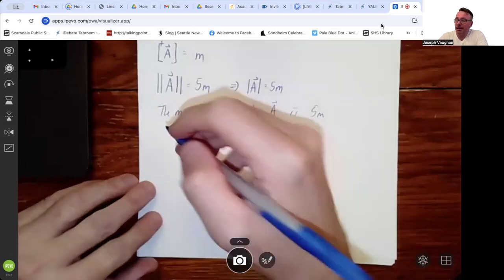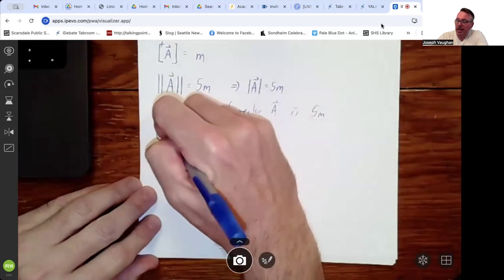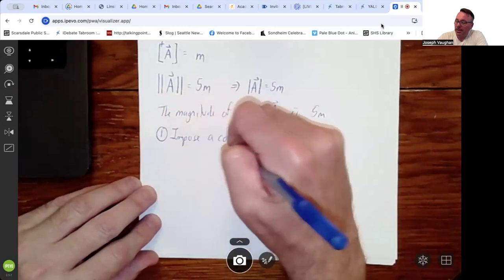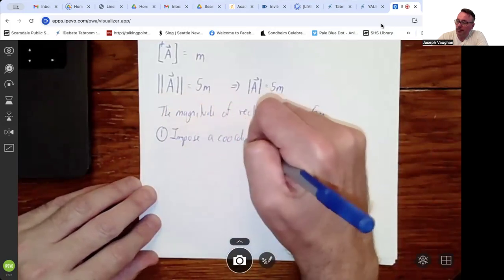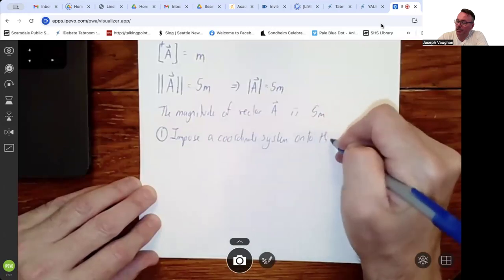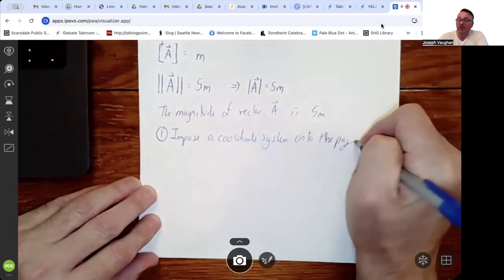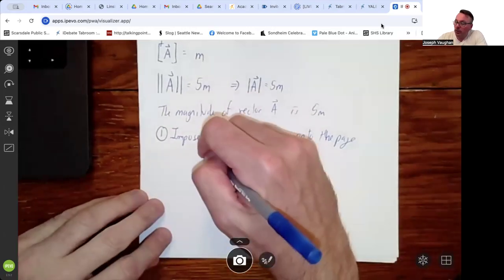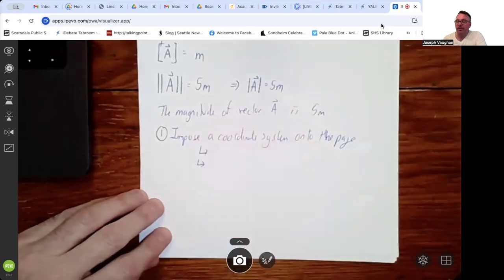So the first step in graphically representing vectors is going to be to impose a coordinate system onto the page. That way it gives meaning to the directionality, and we can be clever with this to make our lives easier. Now, there are two general coordinate systems that we will see in this class.